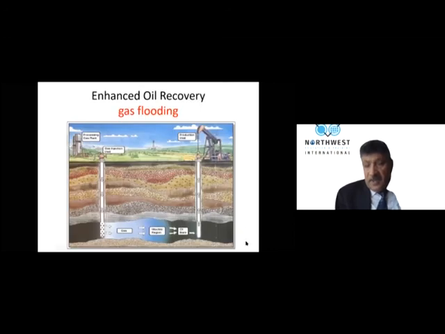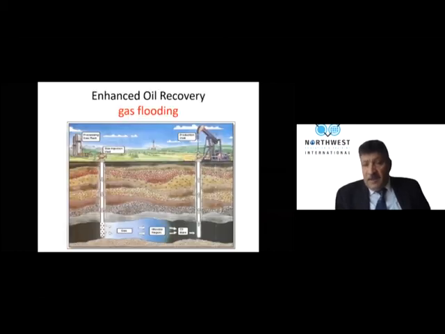Here we have no gas cap, we have only oil, we call undersaturated. So inject the gas inside the oil zone. Some of the gas will be miscible. If the gas is miscible in the oil, that means the oil will reduce viscosity. A small viscosity, what does it mean? Mean will be mobile, moving easily, swept easily.